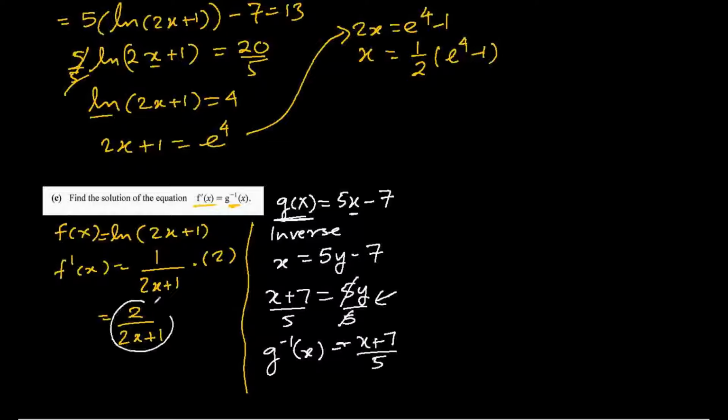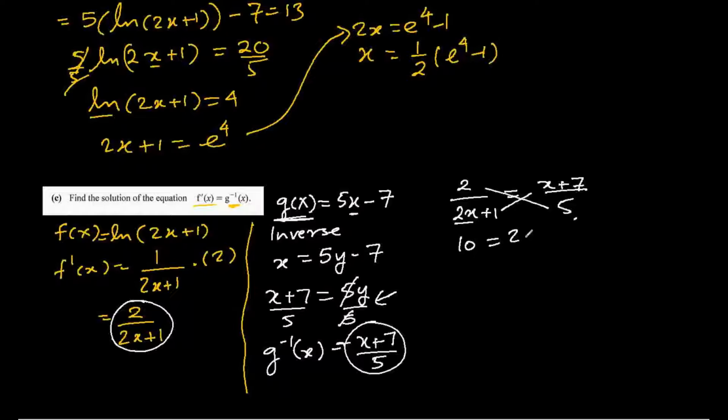Now we have to equate this equal to this, because they're saying f prime x is equal to g inverse x. So 2 over (2x + 1) equal to (x + 7) over 5. Now to solve such an equation, we should always cross multiply. So 5 times 2 is 10 on the left side. 2x times (x + 7), 2x squared plus 14x.